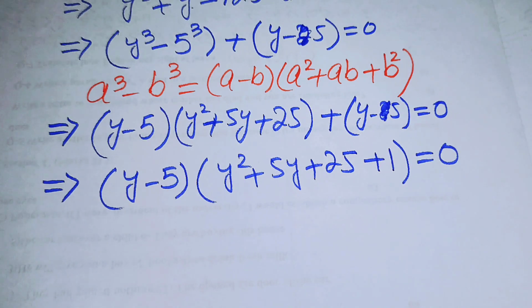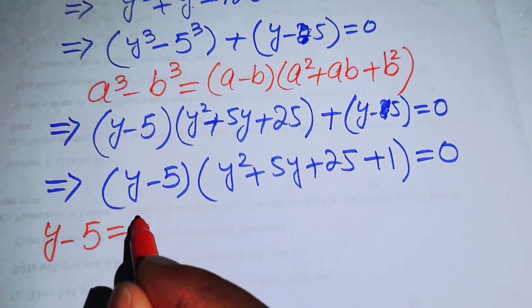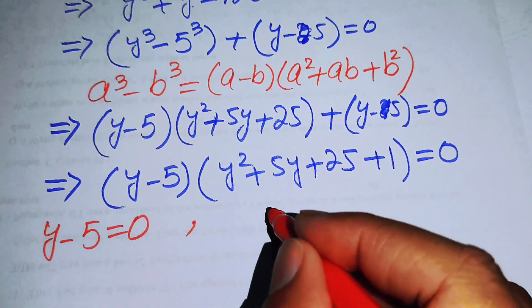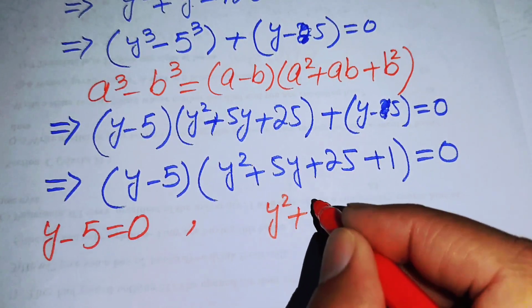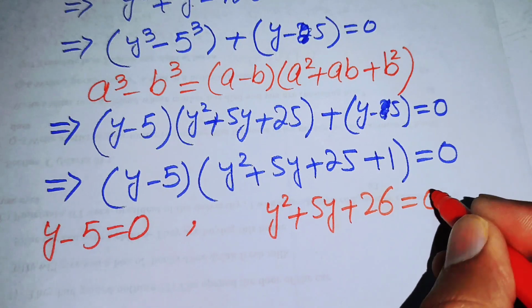The first case is we take y minus 5 equal to 0, and the other case is we take y square plus 5y plus 26 equals 0.